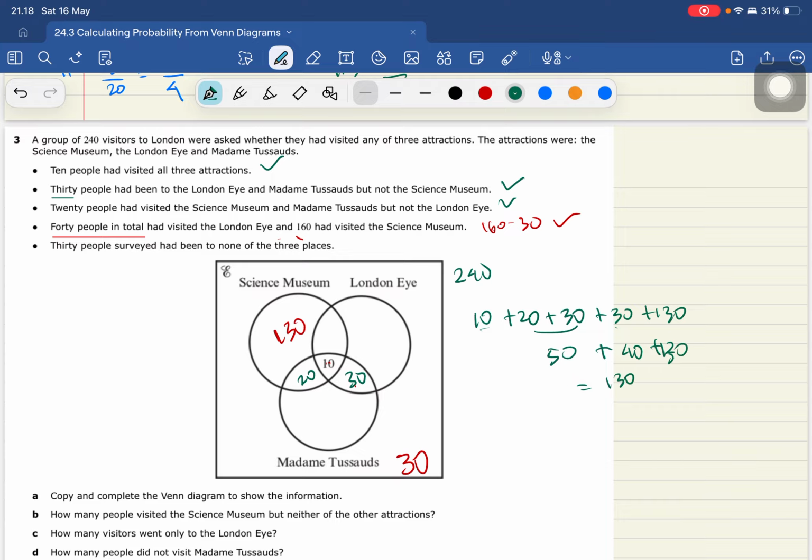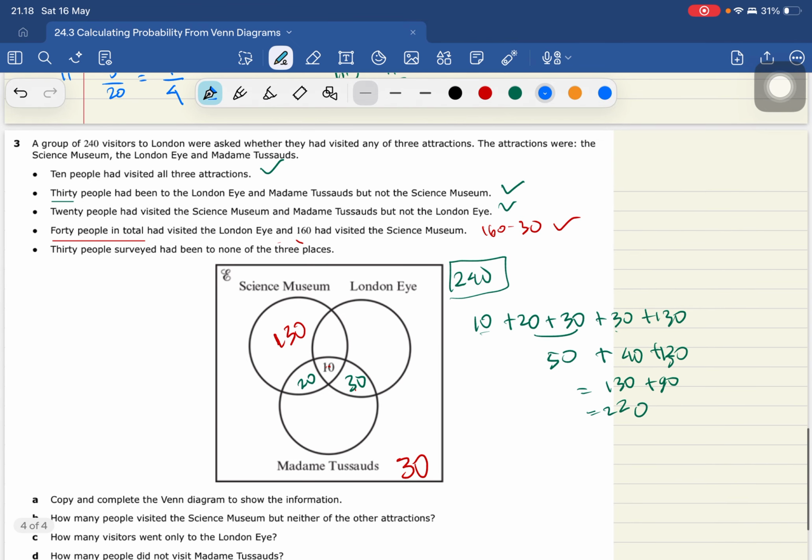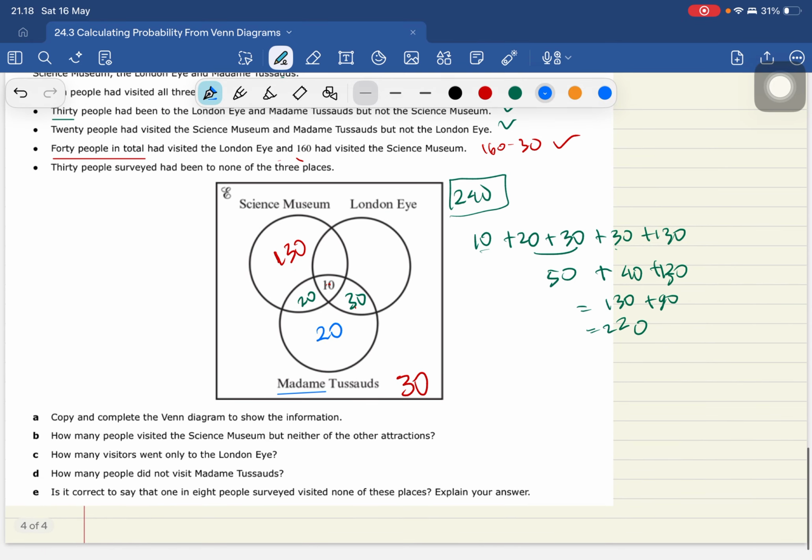So 130 plus 90 is 220. We need 240, so we need 20 more. So the information they haven't mentioned yet is the only set left, which is 20. So you write 20. Okay, A, we completed the Venn diagram.